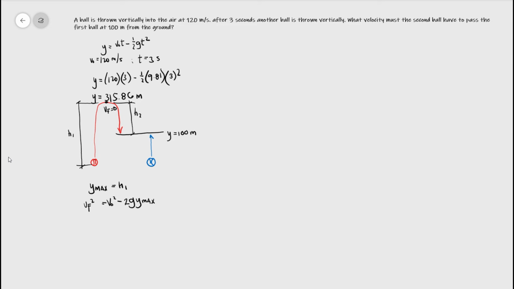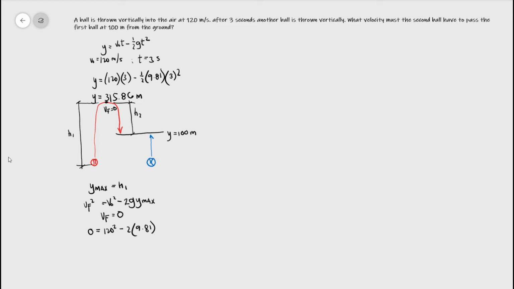If vf is equal to 0, because at the maximum point the final velocity is equal to 0, then substituting the values, we have 0 is equal to the initial velocity 120 squared minus 2 times the gravity 9.81.